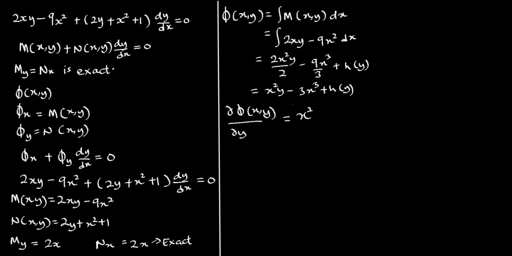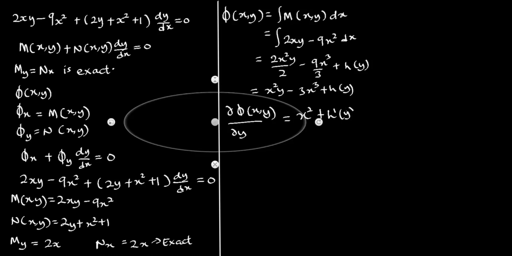For the term minus 3x cubed, there is no y, so it becomes 0. Then we have plus the derivative of h of y with respect to y, which gives us h prime of y.